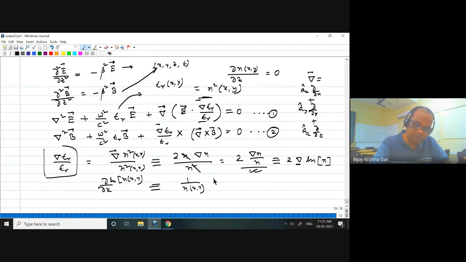Del ln n(x,y) by del x equals 1 by n(x,y) times del n(x,y) by del x. I can simply write it like this, because the refractive index is xy dependent. So instead of this one, I'm writing this one. Similarly, the same thing I can do for the y direction.